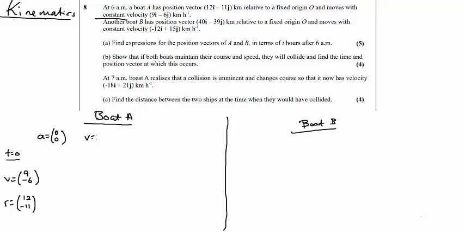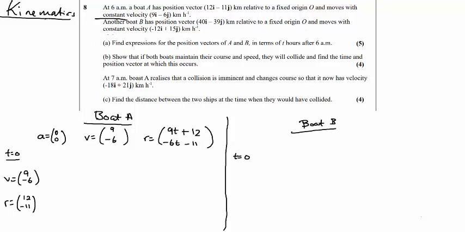Build the AVR: r equals 9t plus 12, minus 6t minus 11.